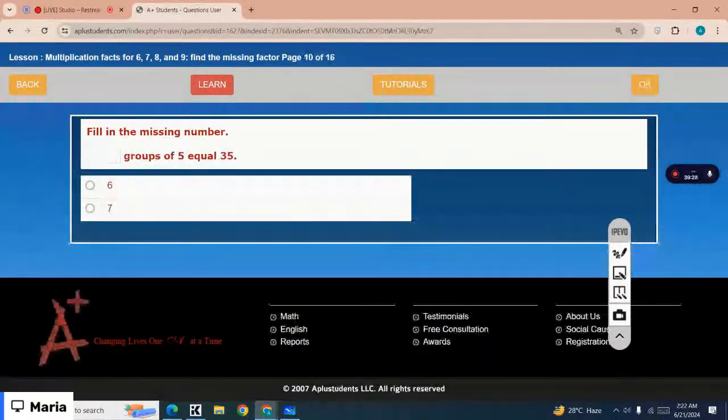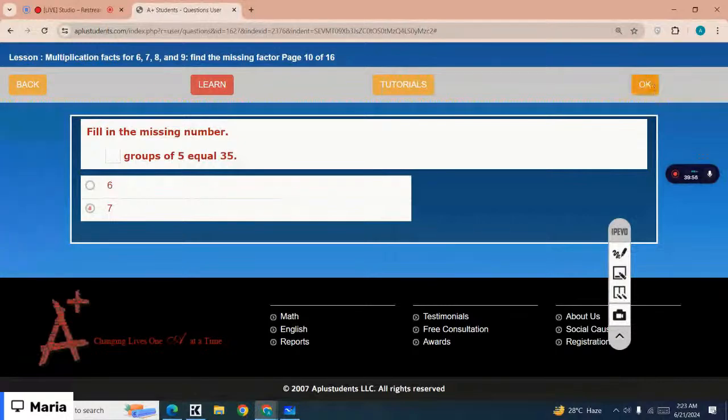Fill in the missing number. How many groups of 5 equal 35? Which is the correct option? Yes, 7 groups of 5 is 35.